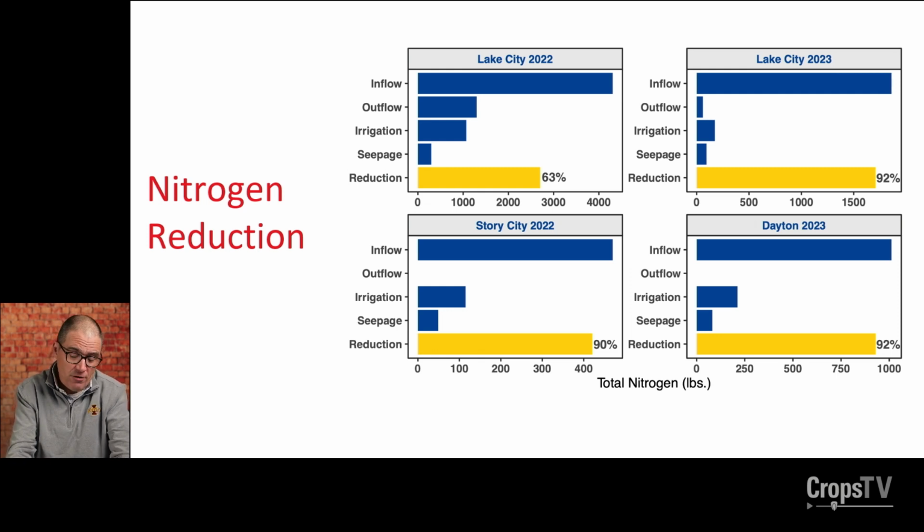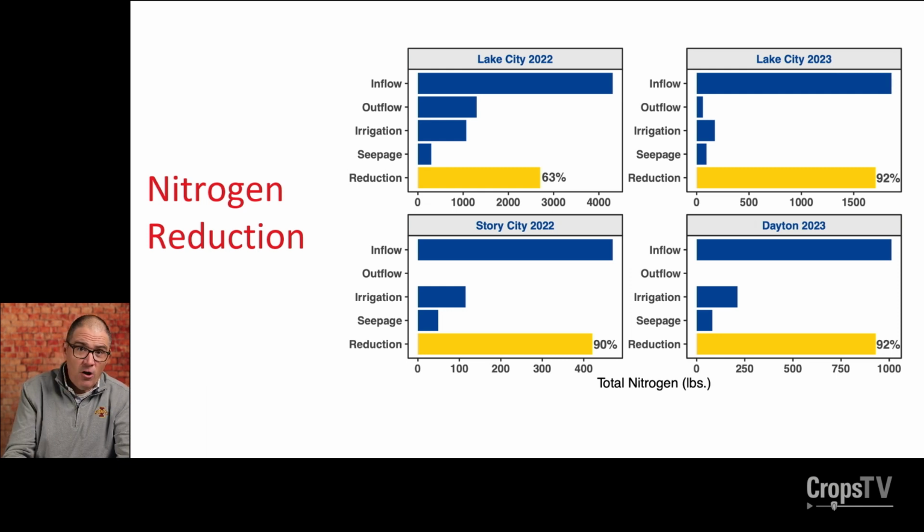Outflow from the reservoir, from the weir at the outflow, was a little over about 1,200 pounds. The irrigation that was applied back onto that 50-some acres was about 1,000 pounds. So we were roughly at 20 pounds per acre. We estimated maybe 30, 40 pounds or 200 or 300 pounds lost to seepage.